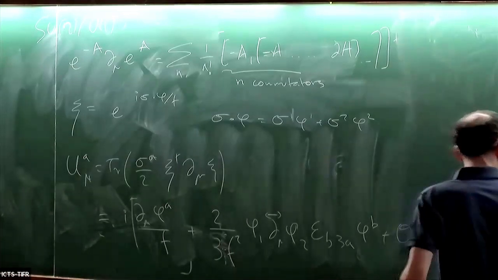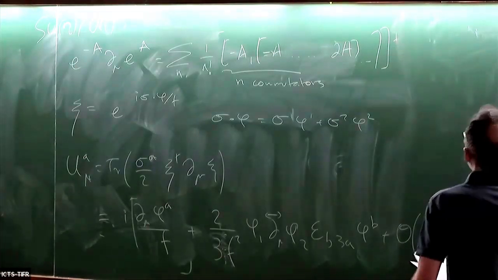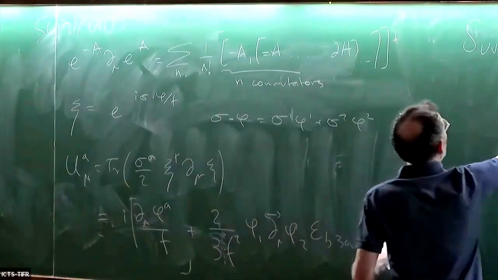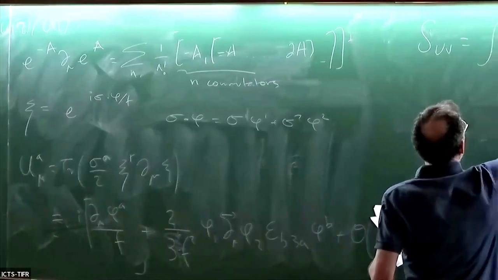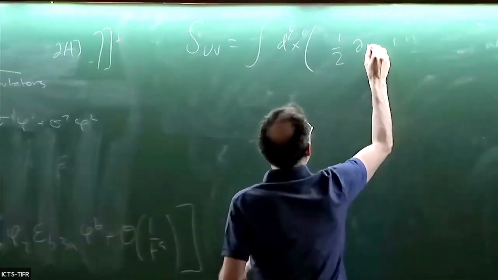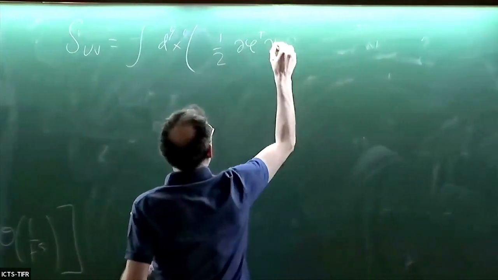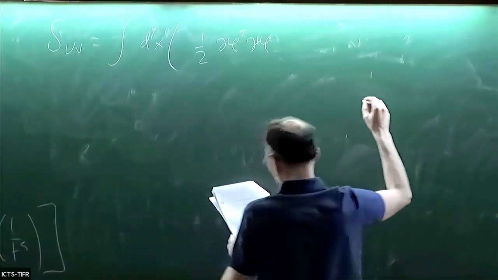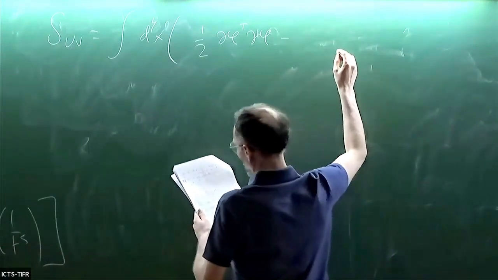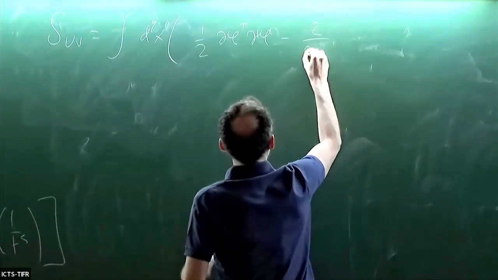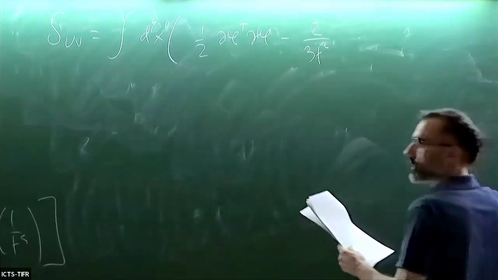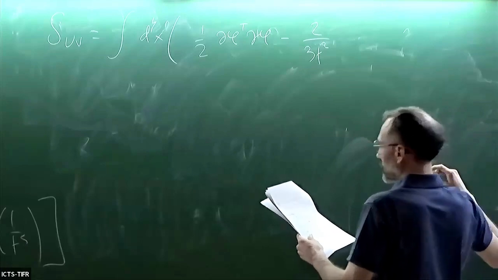The second term is going to be, and you can check, minus 2 over 3 F squared. And I know I'm out of time already, so I'll try to finish in 5 minutes.